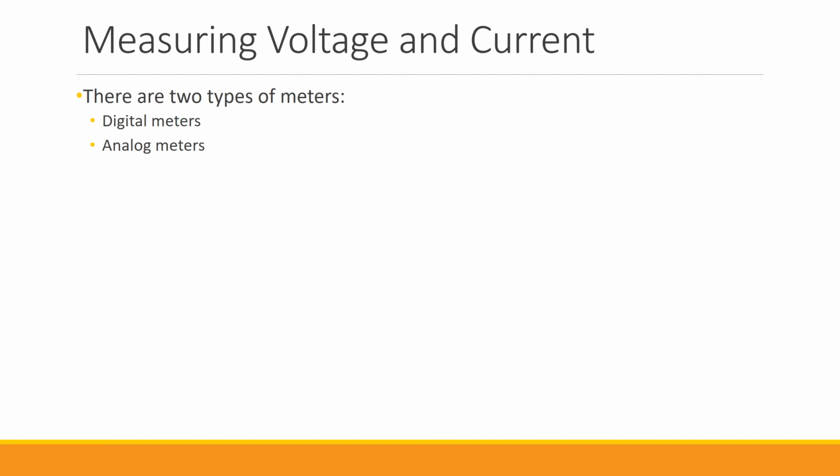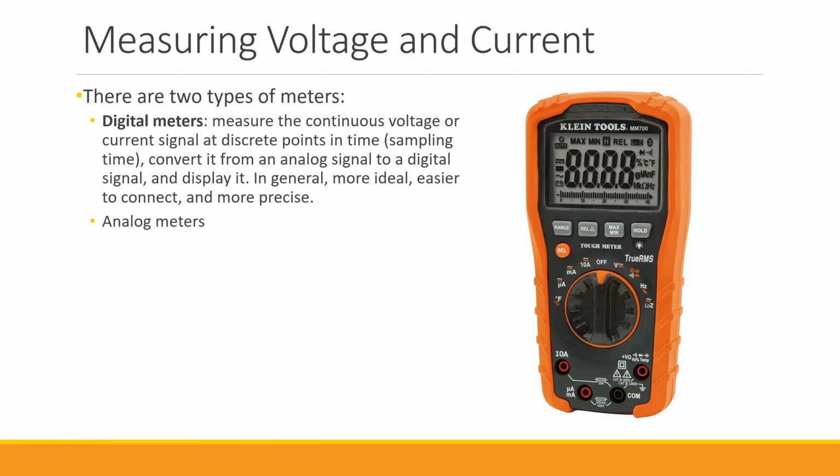Now that we saw this, let's quickly go over the two types of meters that we usually use. We can have digital meters and we can have analog meters. A digital meter has a shape something like this. Of course, different brands of digital meters have different functionalities.